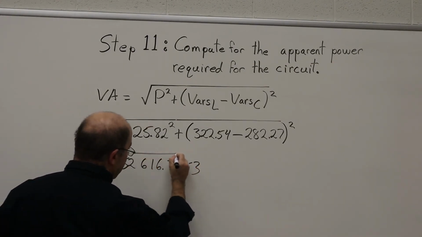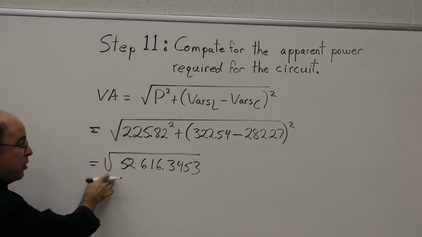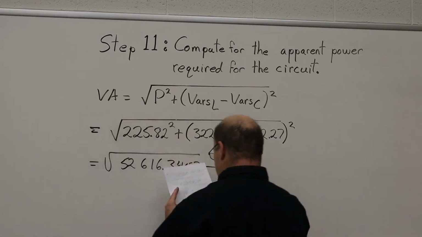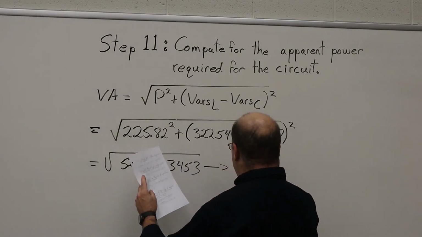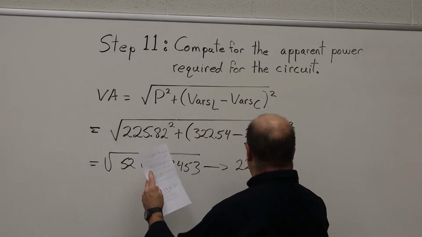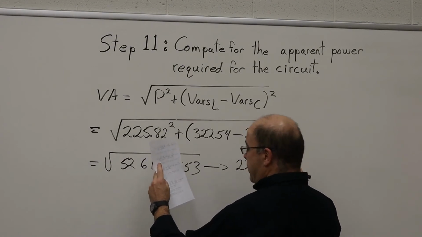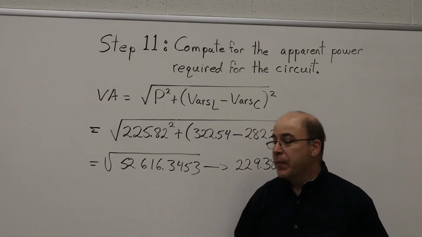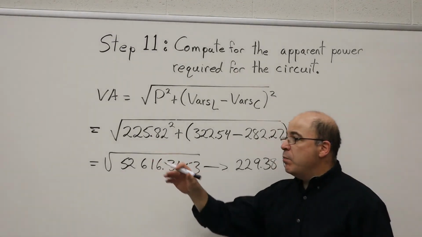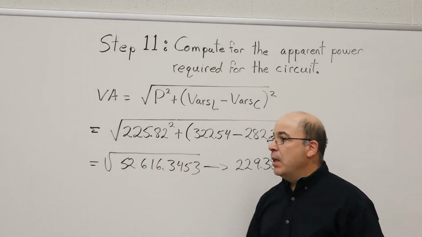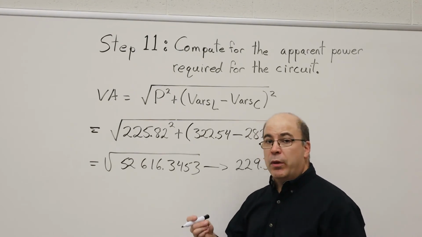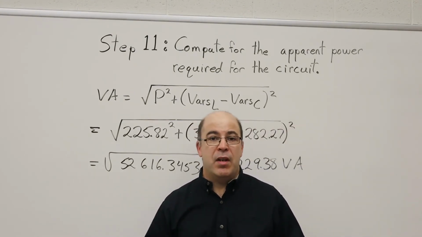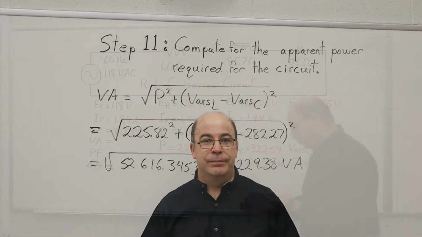Now, obviously, we still have the operation of doing the square root, and that is going to take us to a final answer of 229.38 VA or volt amps. Now, I'm going to input that into my chart, and then we're going to start working on finding the value of power factor, and we're going to finish up with angle theta.